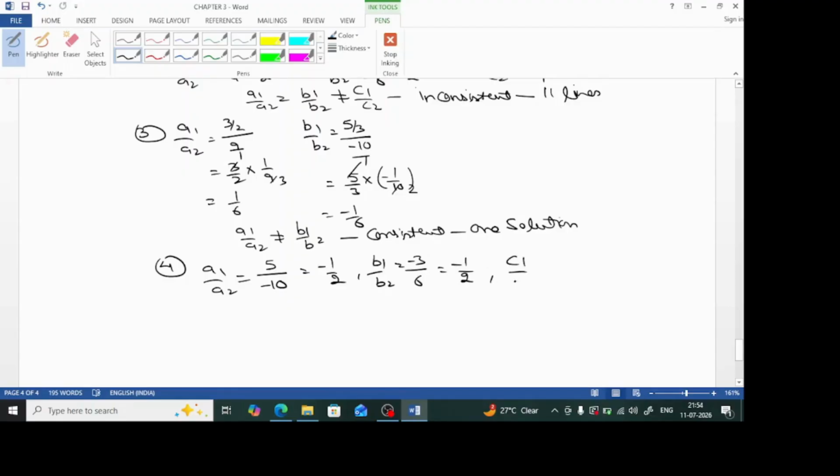And c1 upon c2 is, c1 is minus 11 and 22. It will again become minus 1 by 2. So a1 upon a2 is equal to b1 upon b2 is equal to c1 upon c2. Means it is parallel lines. Parallel lines means system is consistent.